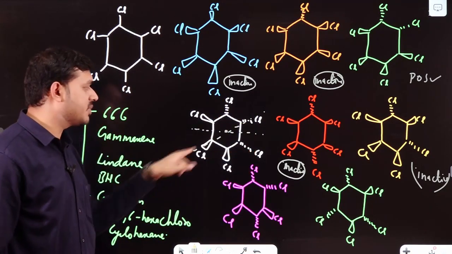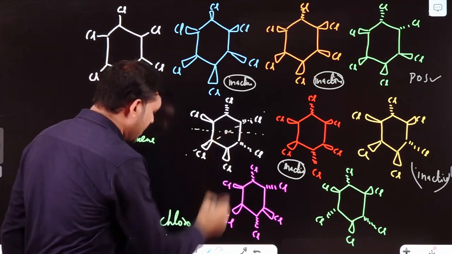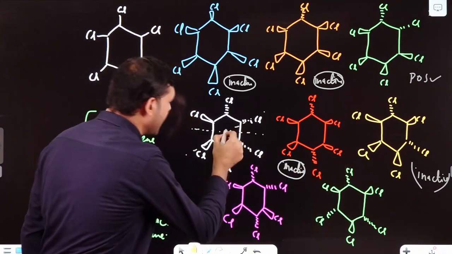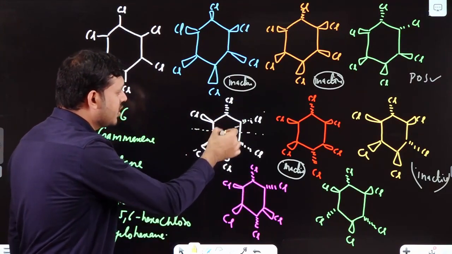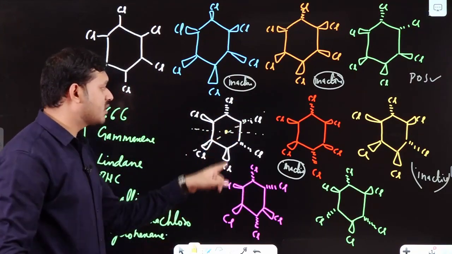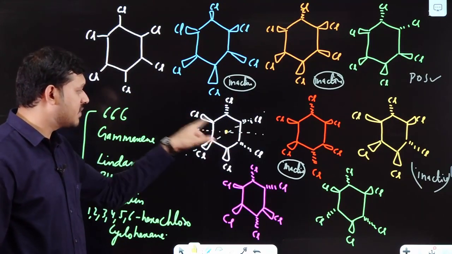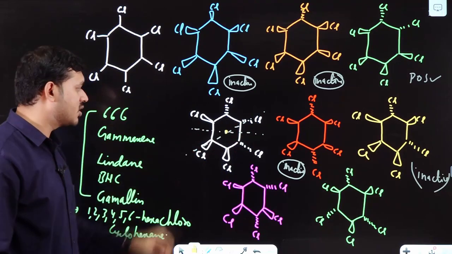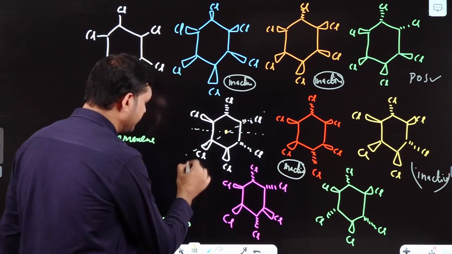So plane of symmetry is not possible here. But if I take the center part, I can say this is towards you, this is away from you. So making a line which covers this one and this one, yes, it is possible, center of symmetry present. Again with respect to this also, so it is also optically inactive.